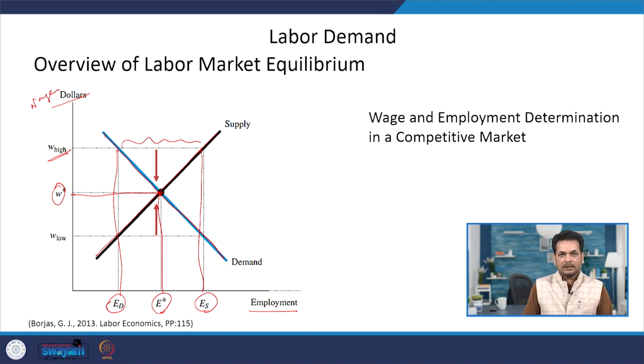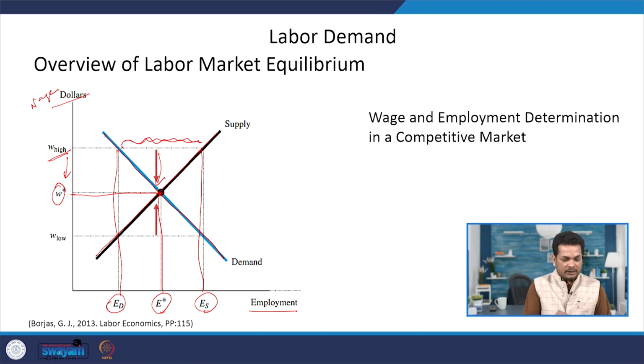which means there is a large queue before the employers, which will tend to make the employer reduce the wage rate until it reaches this point W star. So, this excess supply of labor will induce certain force on the wage to come down.